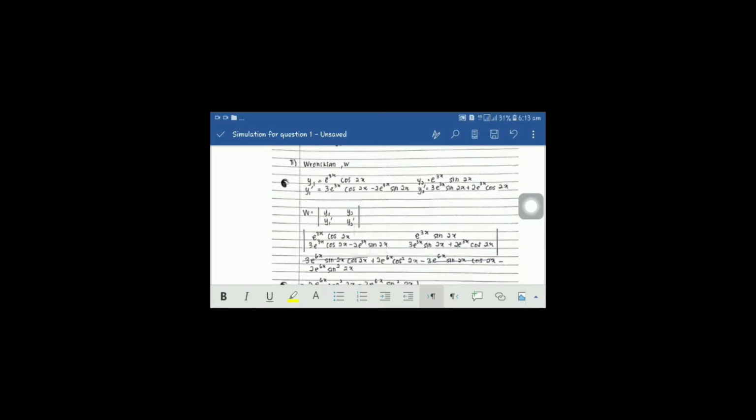For the Wronskian, we get y1 equals e^(3x) cos 2x and y2 equals e^(3x) sin 2x. We solve the Wronskian and we get the answer 2e^(6x).